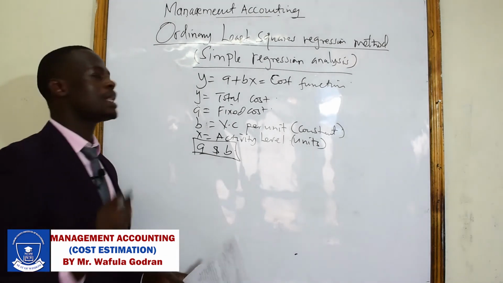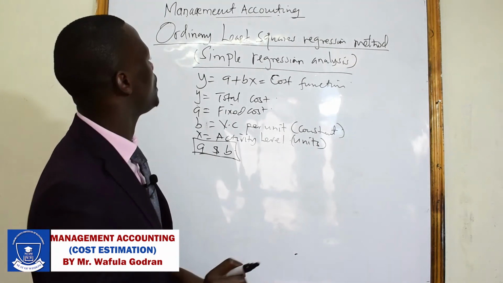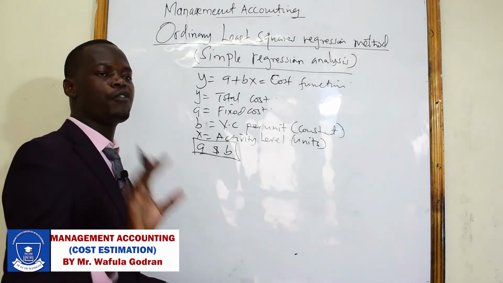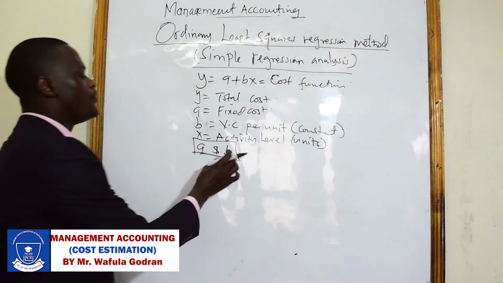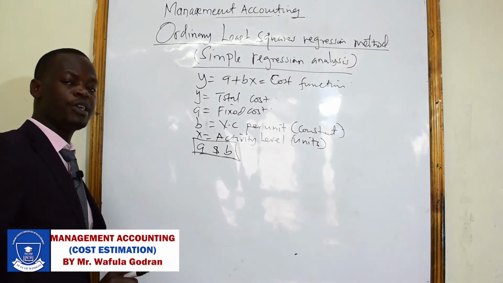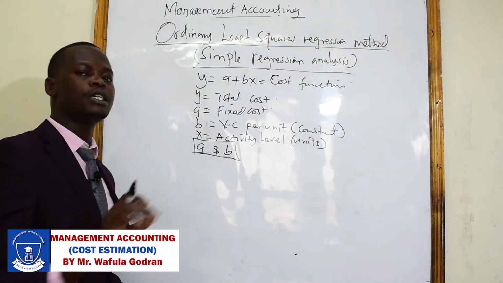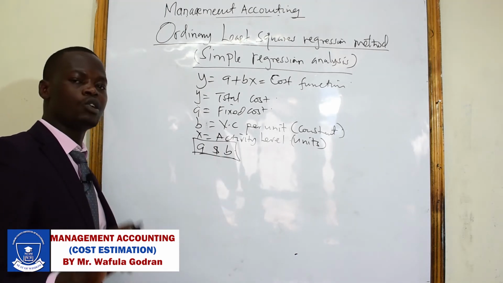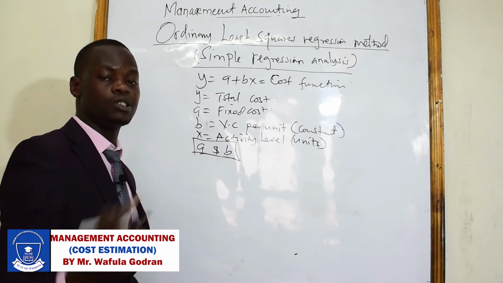Under this least squares regression method, I'm going to give you the specific formula that you need to use to get the value of B. It will have several components involved, and that's why it is called a statistical model.